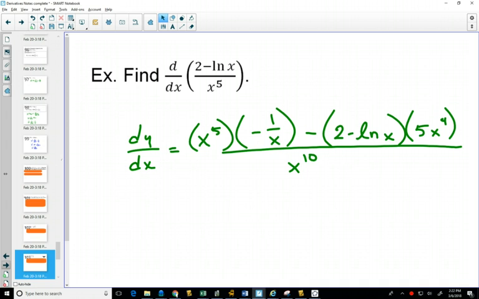But an unsimplified version would just look like that. But this one does simplify really nicely. And then you can factor out an x to the 4, and that all cancels out on the bottom. Very nice.